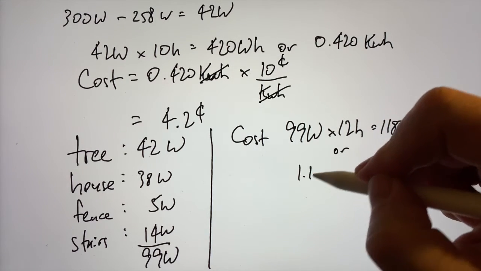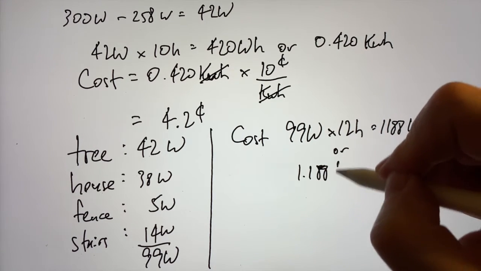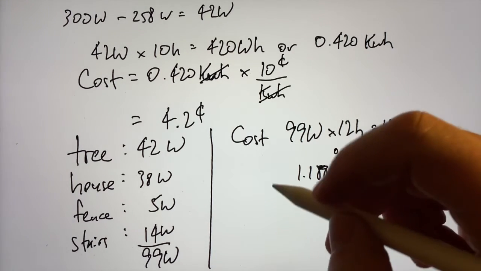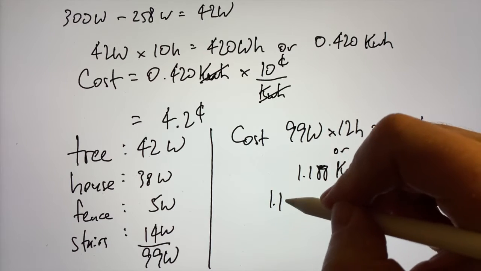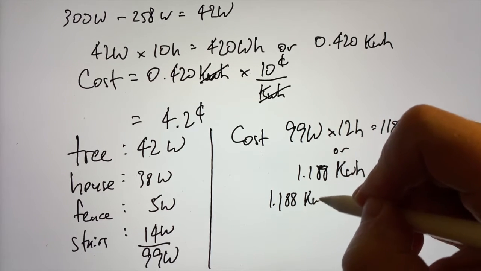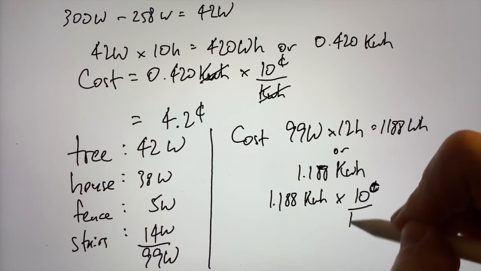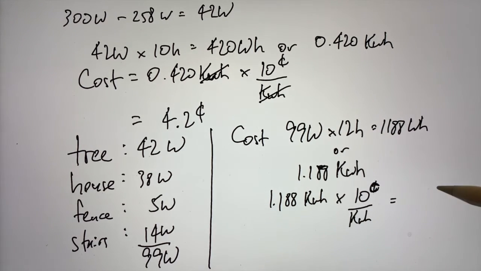That would be 1.188 kilowatt hours. And then if I work that out by multiplying 1.188 kilowatt hours times 10 cents per kilowatt hour, it works out to 11.88 cents per day, if I had them on for 12 hours.